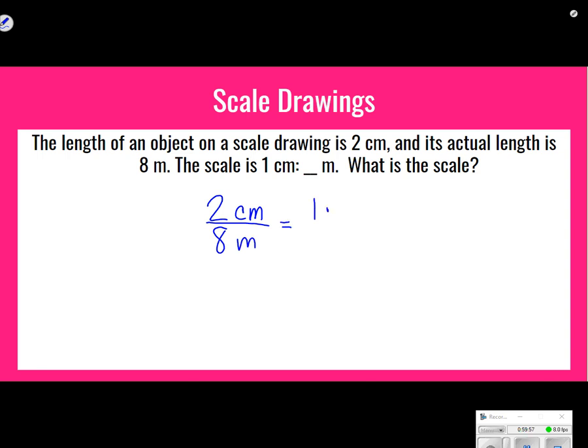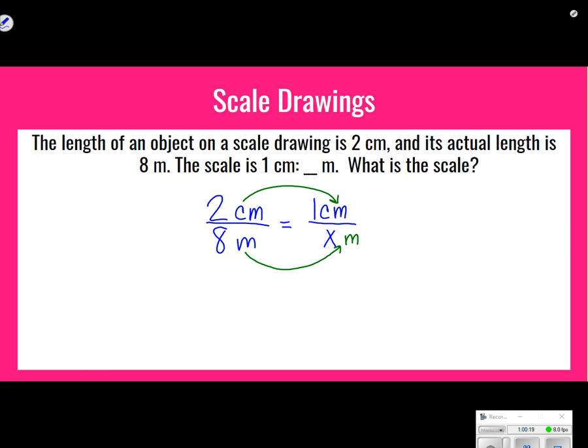We want 1 centimeter over, we don't know how many meters, but notice the units. Before, all the units were kind of the same when we were looking at the other proportions, but here, this is going to be in meters. Now, don't get confused. It's not XM, it's X number of meters.